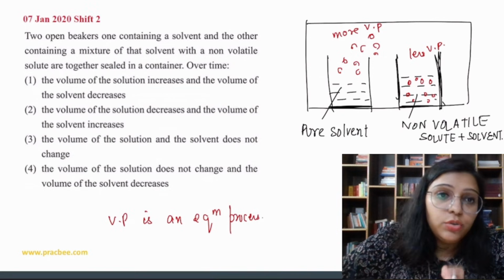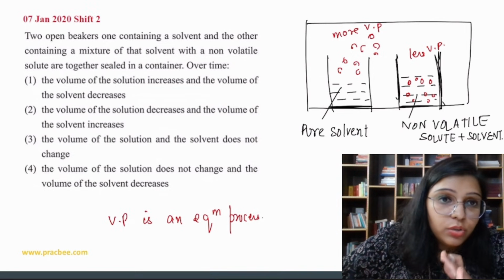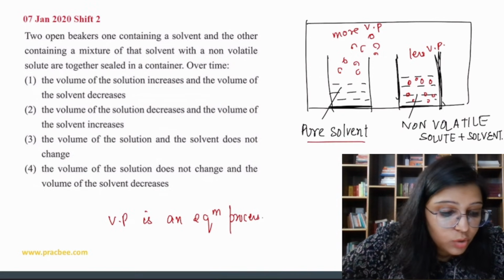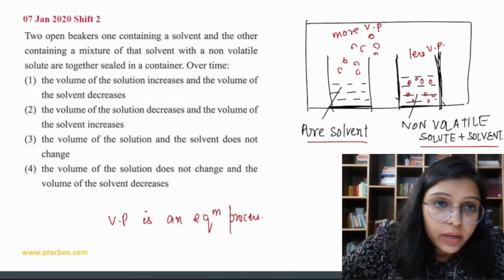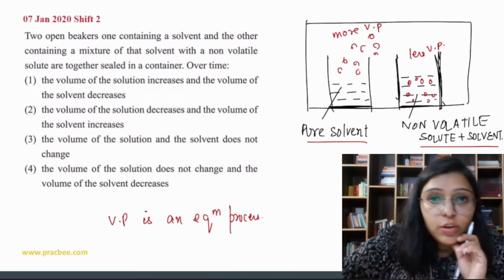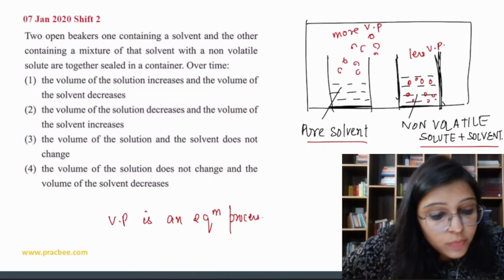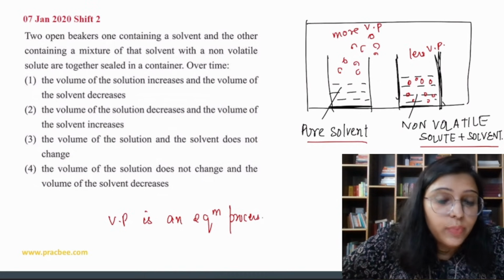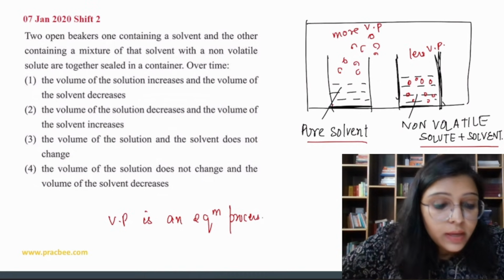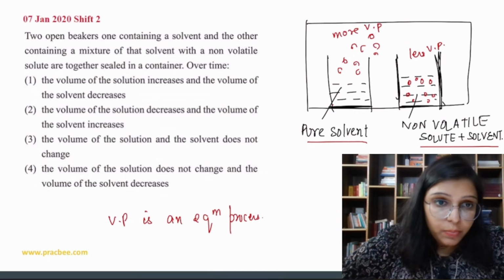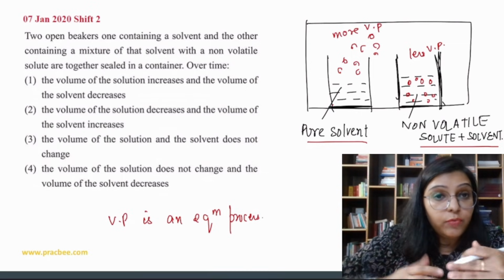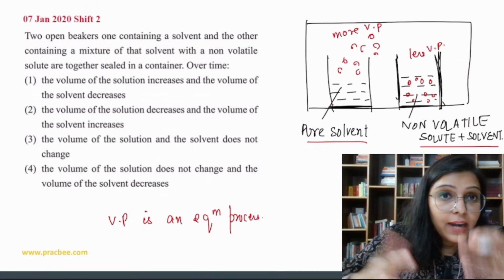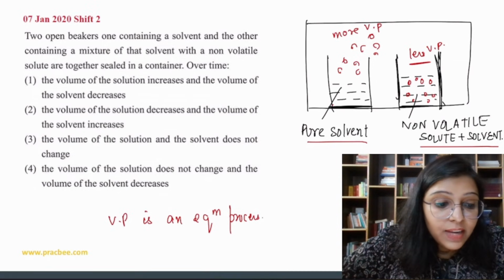Total volume of the solution increases. Why? Because we have pure solvent, we can have solvent over here. The total volume of solution increases, but volume of the pure solvent decreases. Why? Because this pure solvent is going to convert into more vapors, and then here we have less vapors.